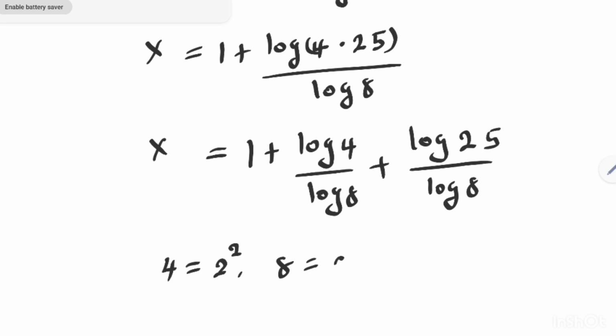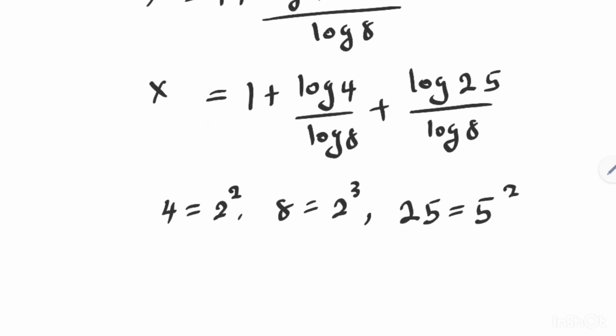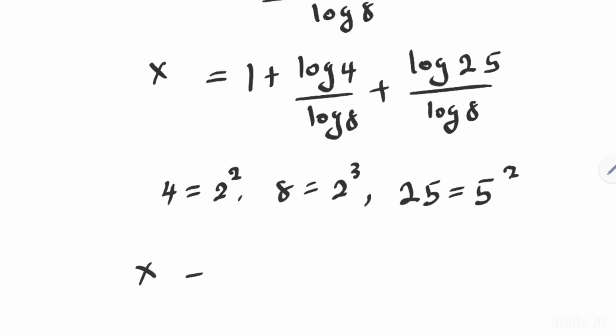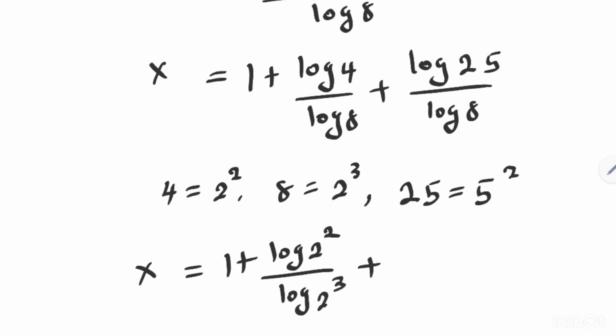8 is equal to 2 raised to power 3. Then 25 is equal to 5 square. x is equal to 1 plus log 2 square over log 2 raised to power 3 plus log 5 square over log 2 raised to power 3.